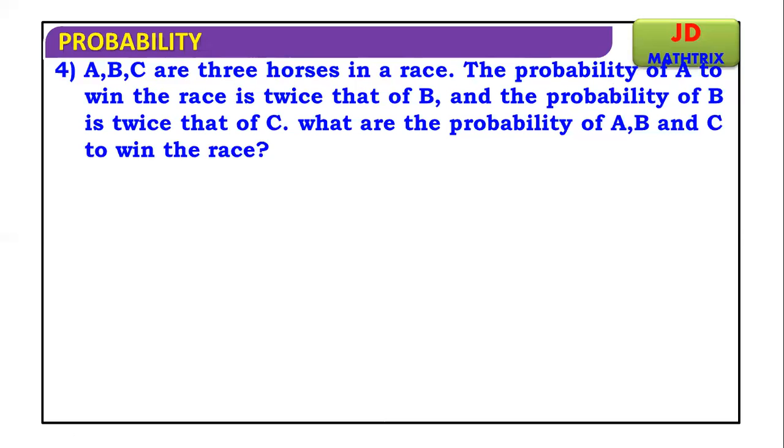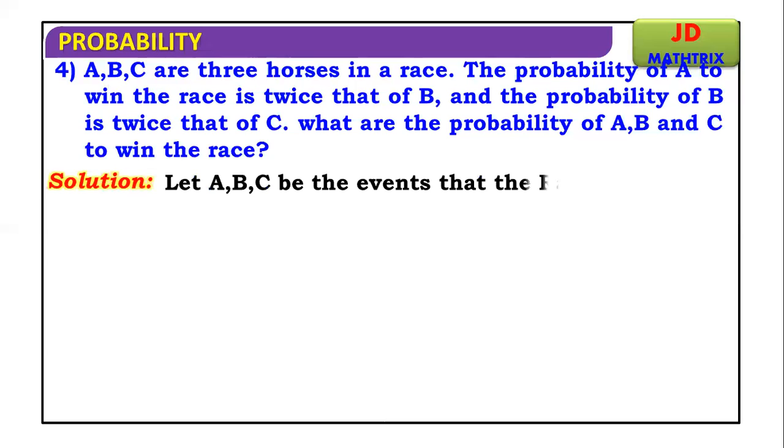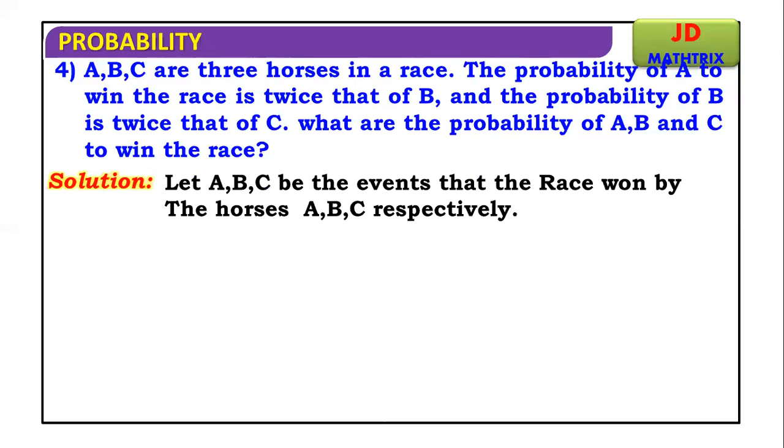That means the event of both horses winning the race is not possible. If we define the events, let A, B, C be the events that the race is won by the horses A, B, C respectively. Immediately we can say that the events A, B, C are mutually exclusive. This is an important point in this problem.